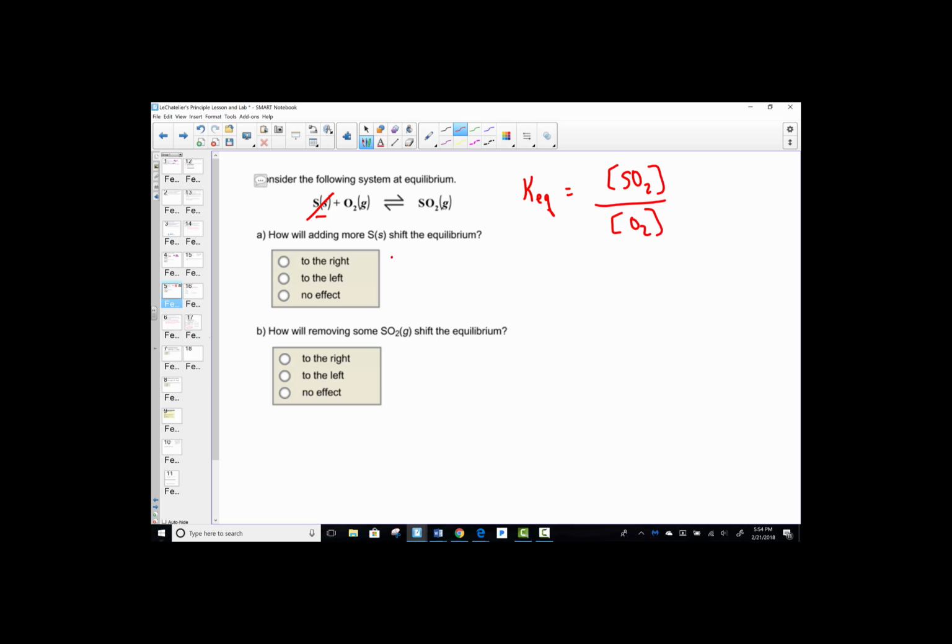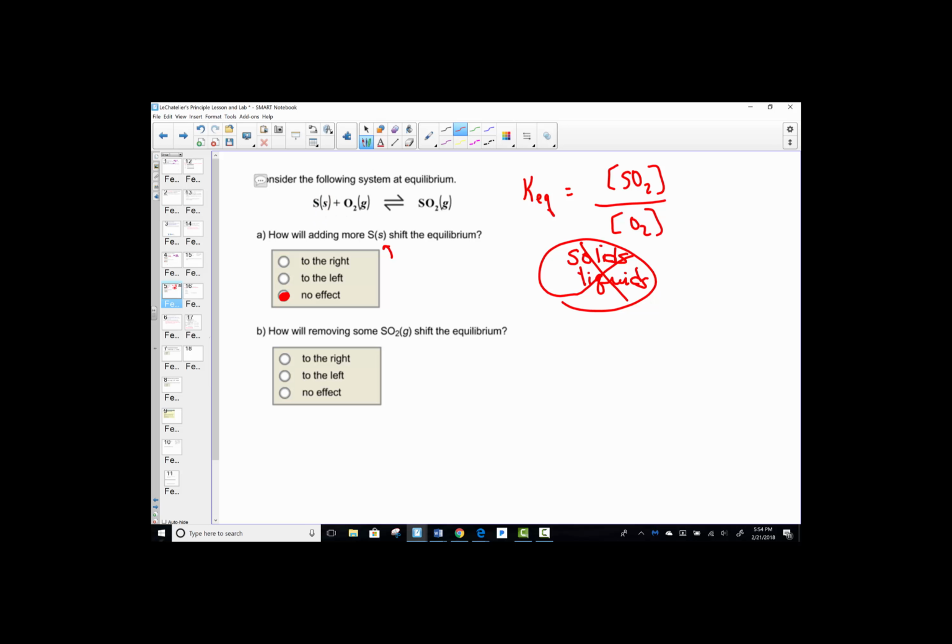So if we add more solid sulfur, the solid still just sits at the bottom of the beaker and doesn't partake in any more reaction. There's actually no effect, because pure solids or pure liquids do not play a role in shifting equilibrium. So never think about solids or liquids in Le Chatelier's shifting.